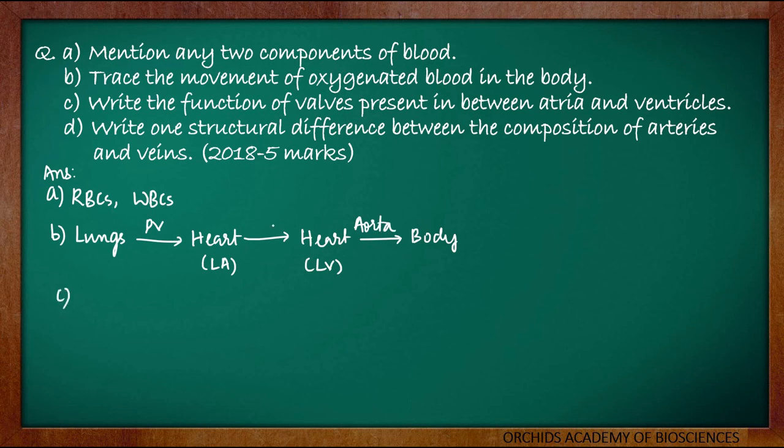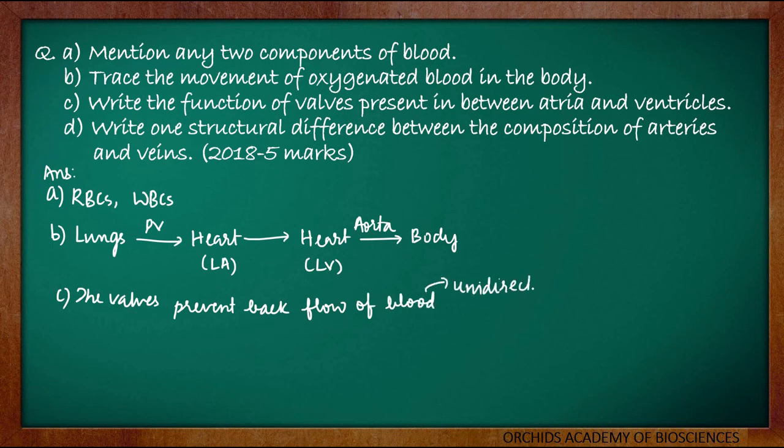Coming to the third part of the question, write the function of valves present between atria and ventricles. The valves prevent backflow of blood so that the flow of the blood is always unidirectional, that is from the atrium to the ventricles.